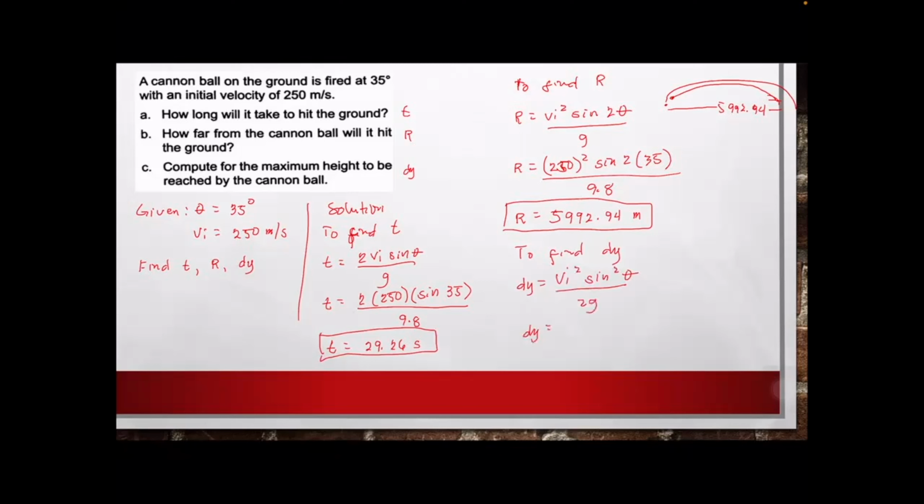So your dy is equal to 250 squared sine 35, squared, over 2 times 9.8. Okay, compute.